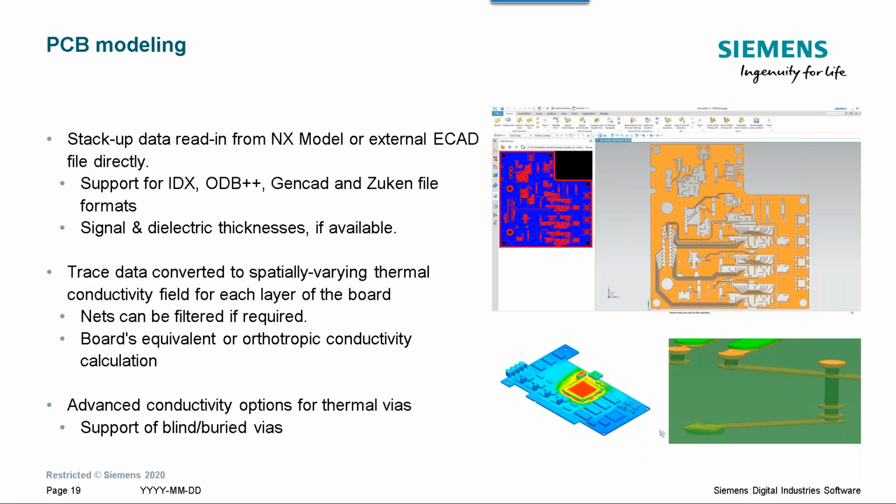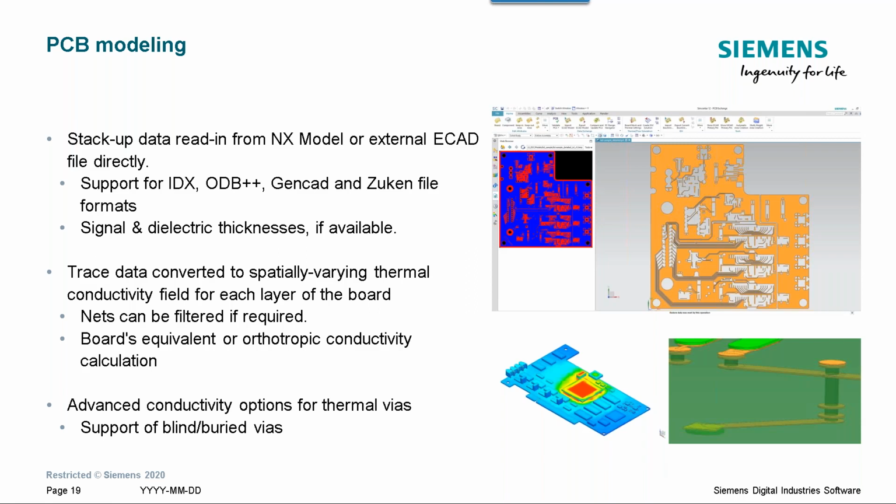But also we understand the nets. So if you want to do a simpler simulation, you can filter the nets. This is all understood with ODB++ and some IDX formats. When it comes to the interconnect between those layers, again, we have understanding of the high density interconnects that exist. So if you're having through hole vias or through holes, this is supported, but also any partial holes.